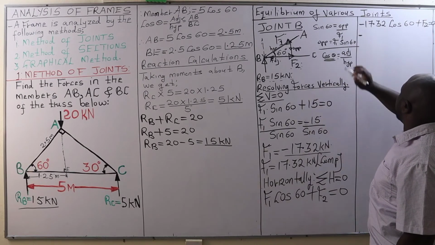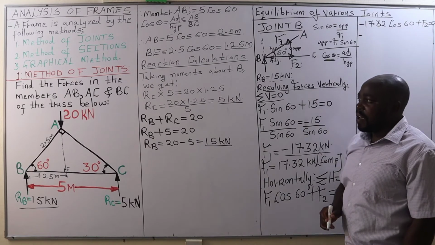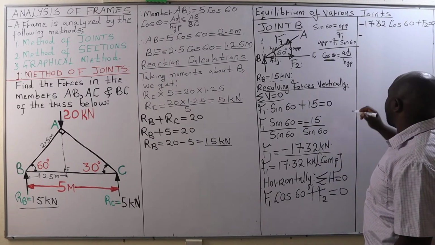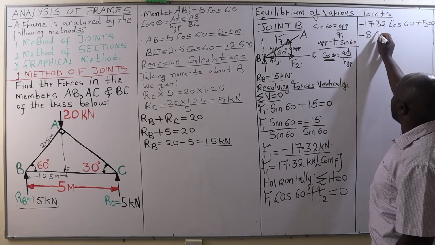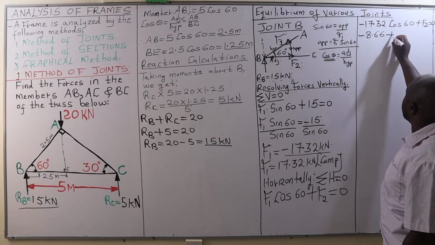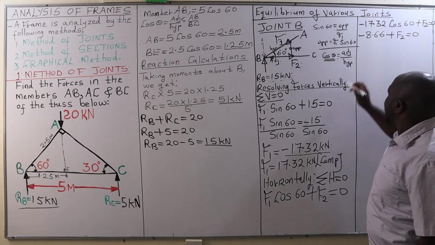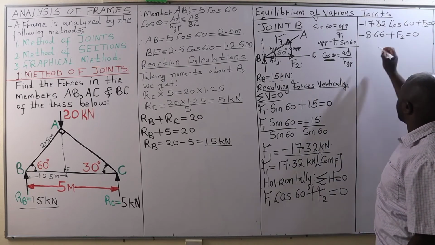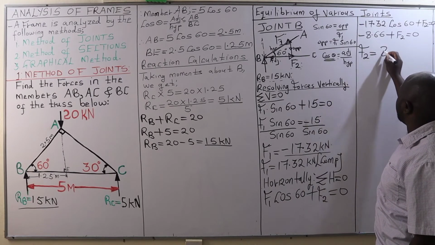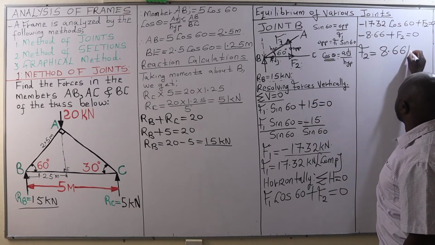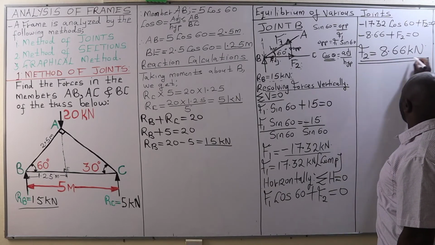Negative 17.32 cos 60 is equal to negative 8.66. Therefore negative 8.66 plus F2 will be equal to 0. Now bringing negative 8.66 to this side of the equal sign, F2 is equal to 8.66 kilonewtons, and that is the value of F2.